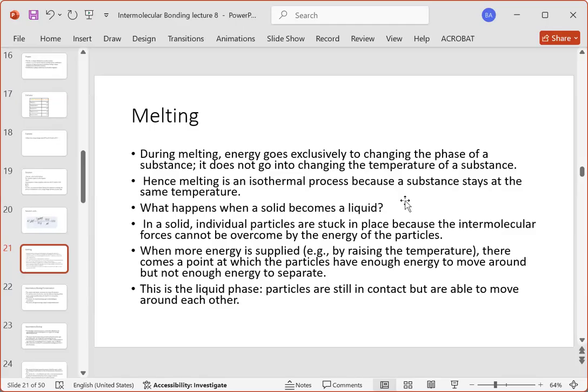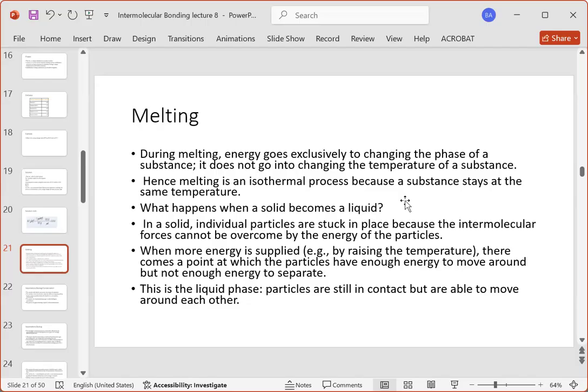What happens when a solid becomes a liquid? In a solid, individual particles are stuck in place because the intermolecular forces cannot be overcome by the energy of the particles. When more energy is supplied, for example by raising the temperature, there comes a point at which the particles have enough energy to move around, but not enough energy to separate.